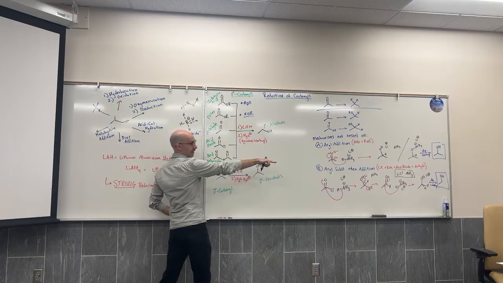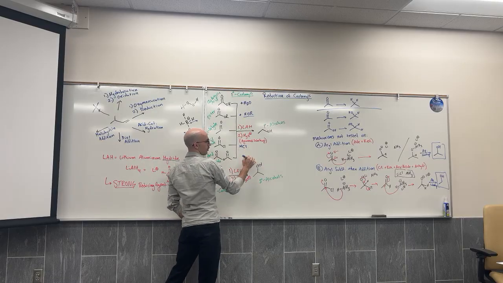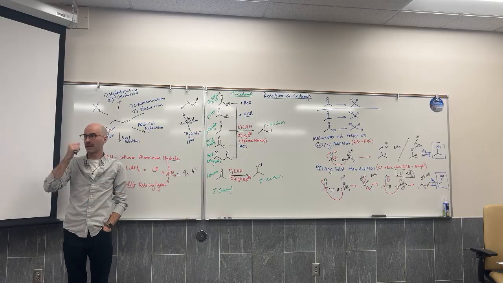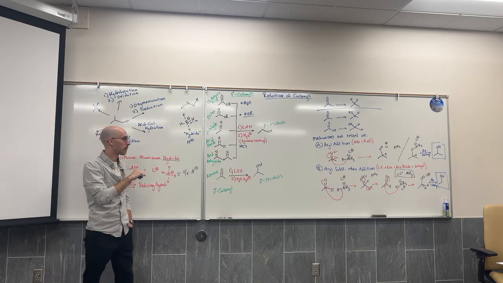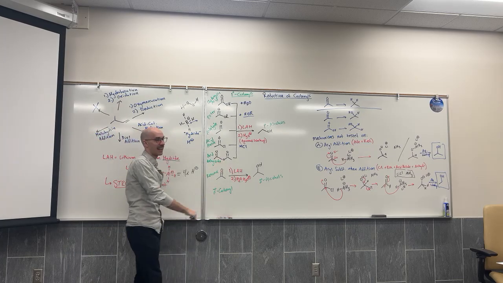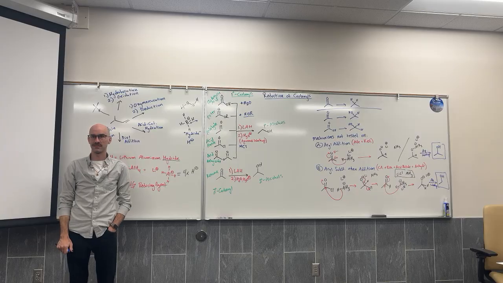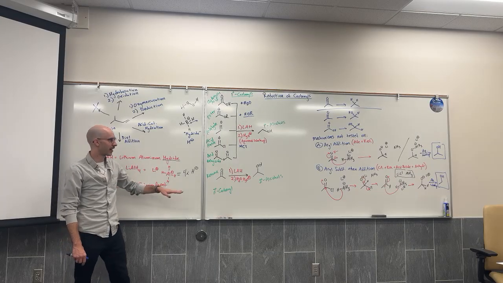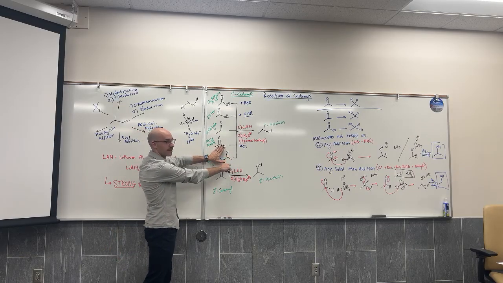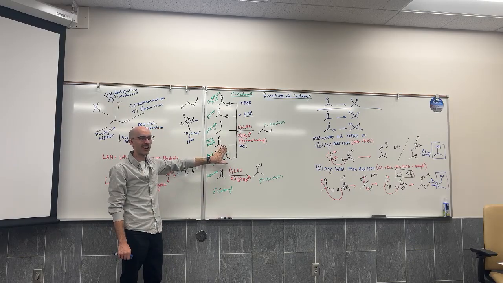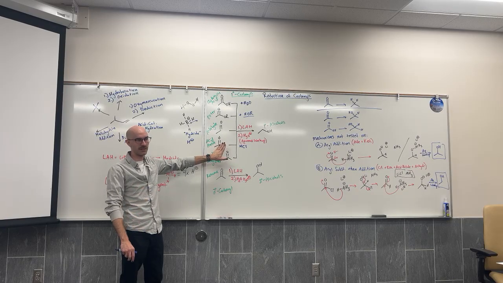The acid halide, we saw this, forms chloride after the aqueous workup. That's going to form hydrochloric acid. The acid anhydride, well, here's a cool thing. When the acid anhydride kicks off its side chain, it's a carbonyl, which means that even its side chain can get reduced.